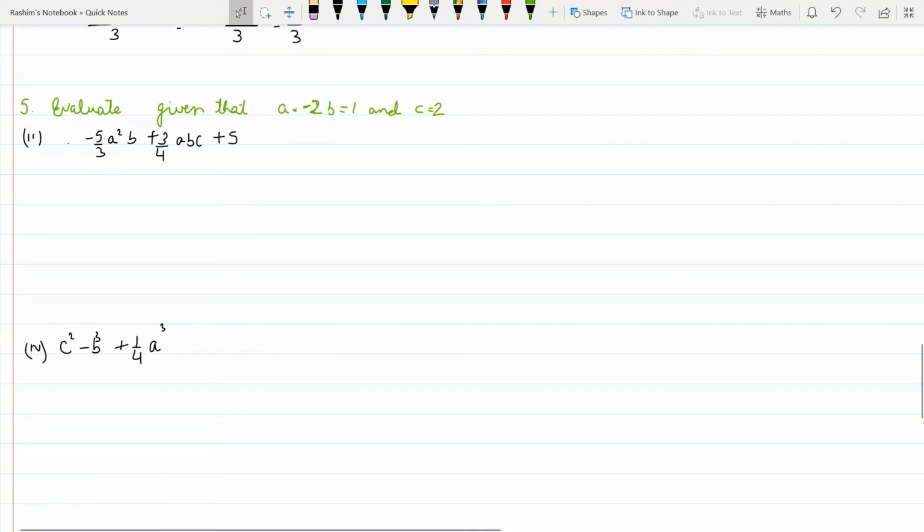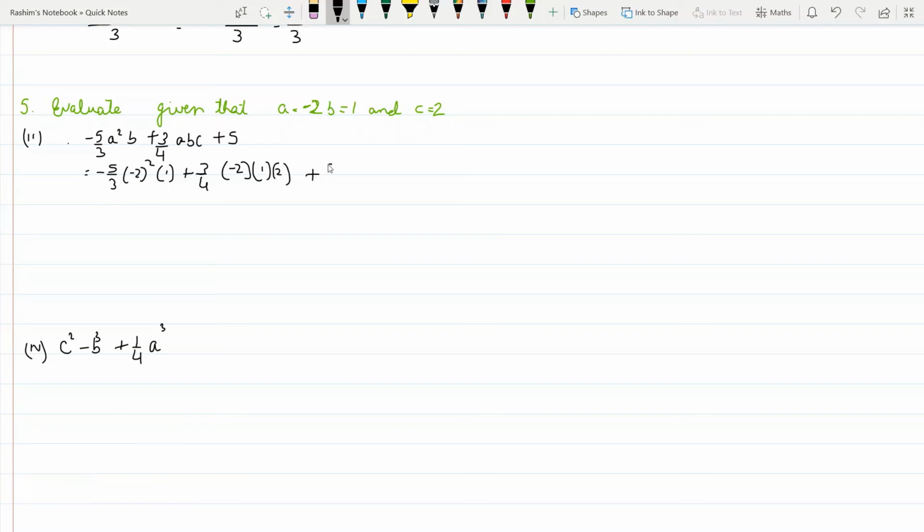This is equal to -5 upon 3, a is -2 so we write -2 square, b is equal to 1, plus 3 upon 4, a is equal to -2, b is equal to 1 and c is equal to 2.